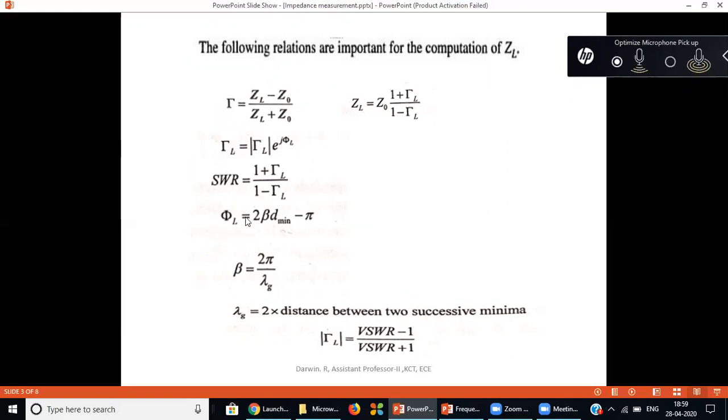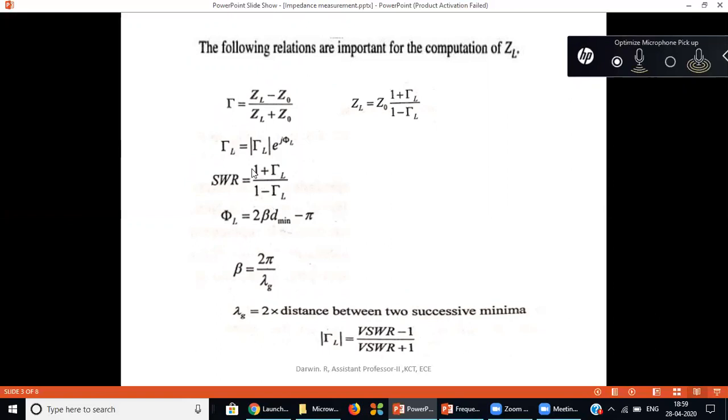Phi L is equal to 2 beta d minimum minus pi, where d minimum is the distance between your load or short circuit to the first minimum, if you move from right to left in any test bench setup.